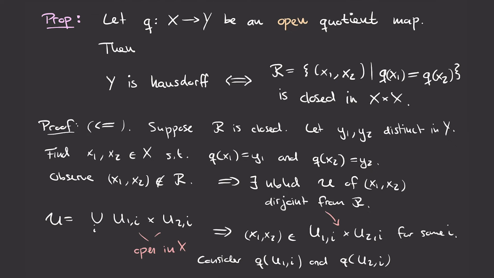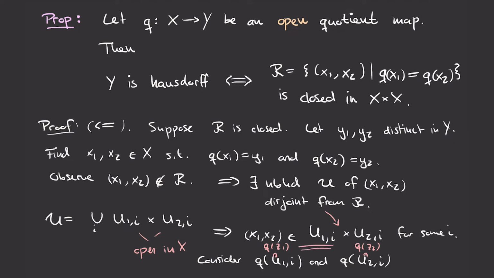But this simply follows from the fact that this set here is disjoint from the set R. In particular, suppose you had some point Q of Z1 contained in this Q of U1i, and some point Q of Z2, which is contained in the set Q of U2i.